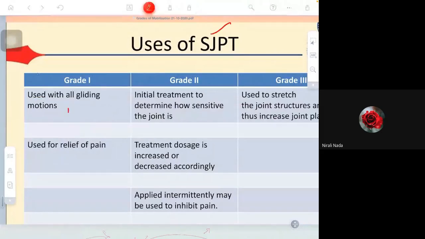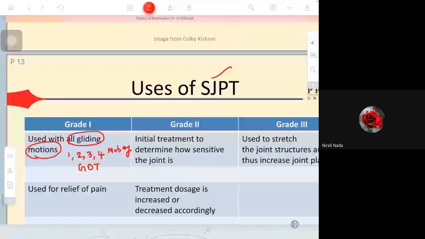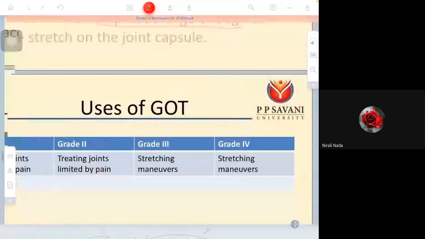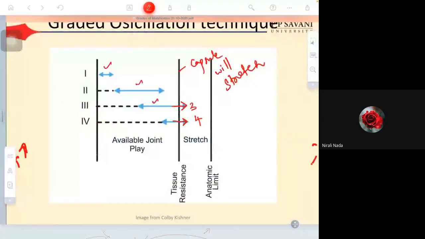1, 2, 3, 4 mobilization of the graded oscillatory technique. That is the previous one. This one, so 1, 2, 3, 4.